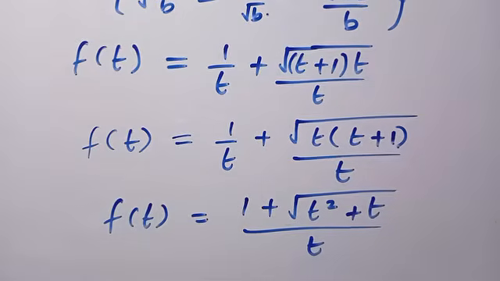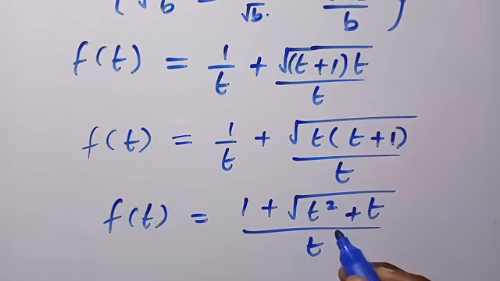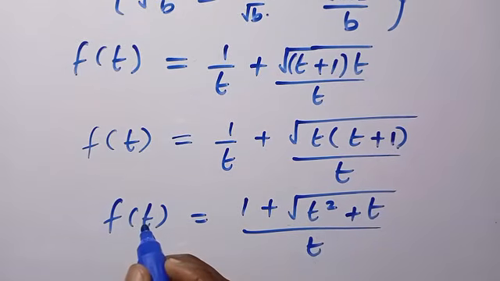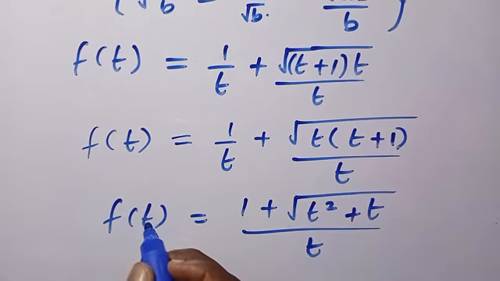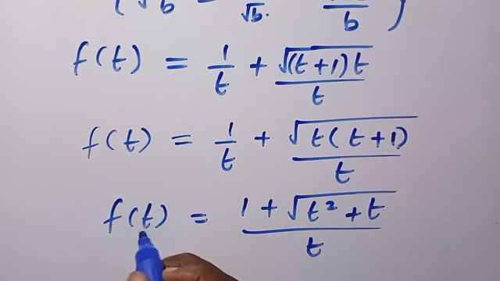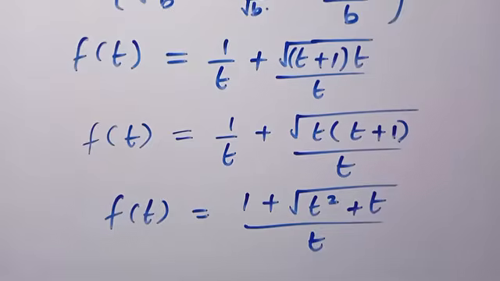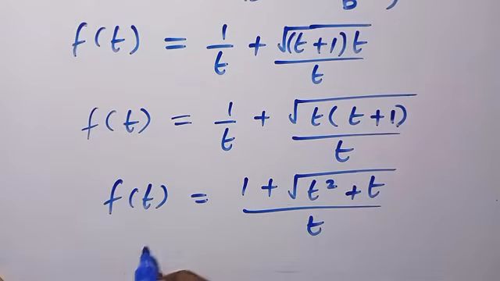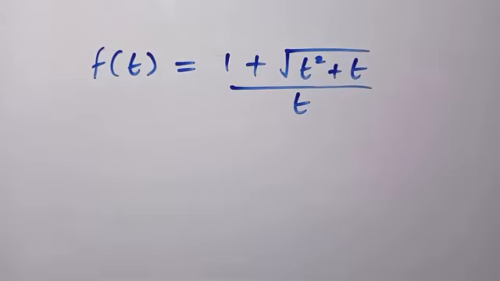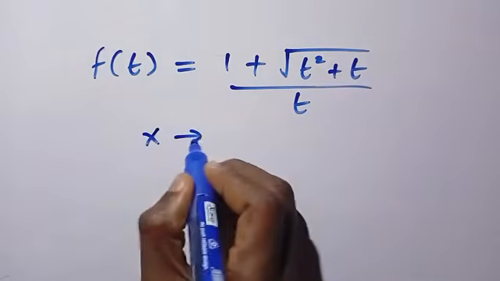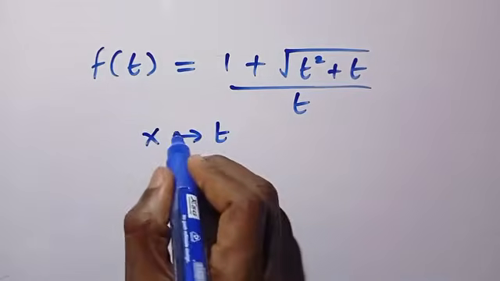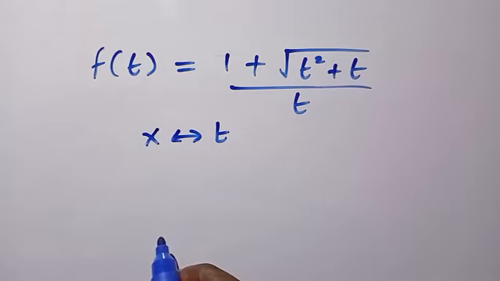But let's try and define the domain of this. But before defining the domain, let's replace t here with x, because our intention is to find f of x, not f of t. t and x are both members of real numbers. So replacing this one with x, x and t both are the same here as members of the real numbers.